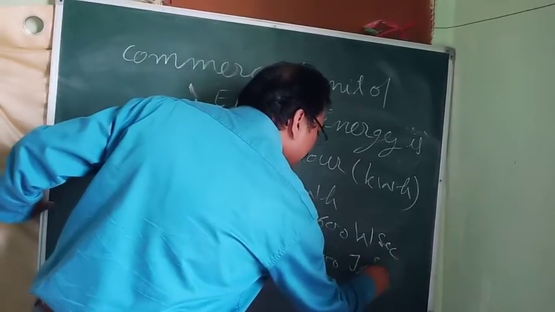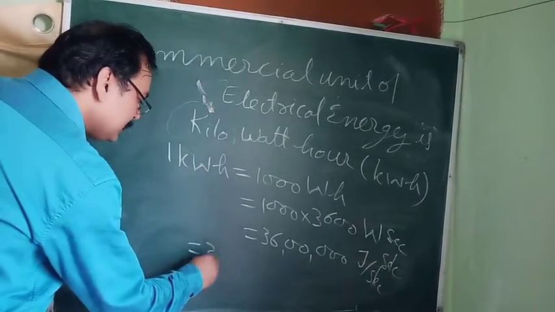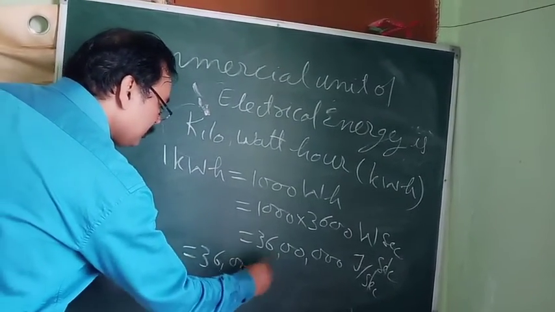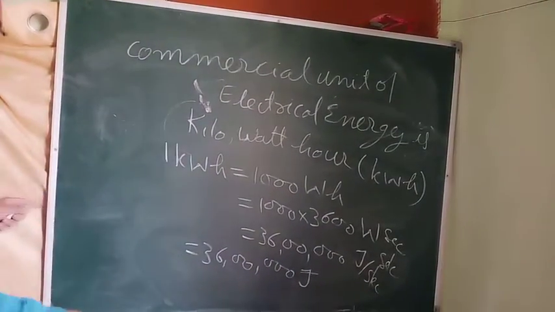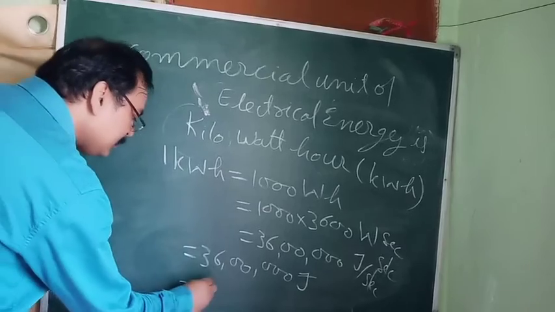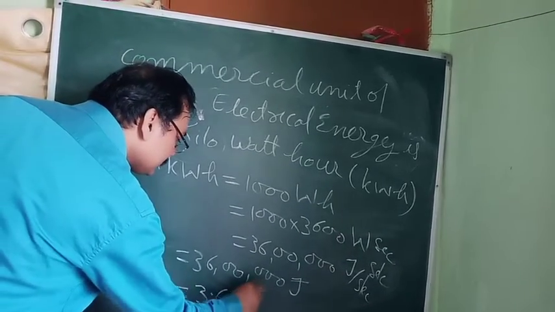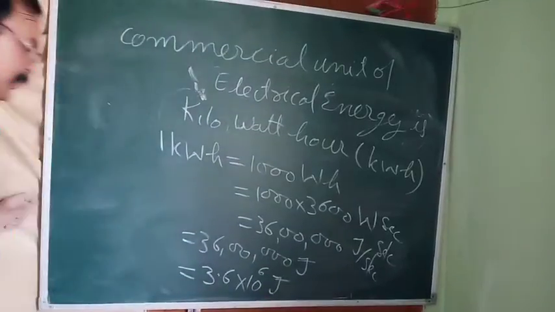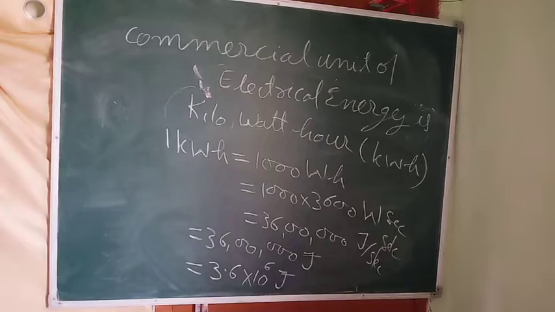And here we have got second already. Second cancels out. So we have got 36, 2 zeros, comma 3 zeros, this much joule. So 1 kilowatt hour is this much joule. If you want to write in scientific notation, you can write 3.6 into 10 to the power 6 joule. So this is the value of 1 kilowatt hour.